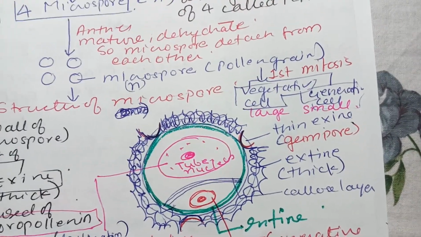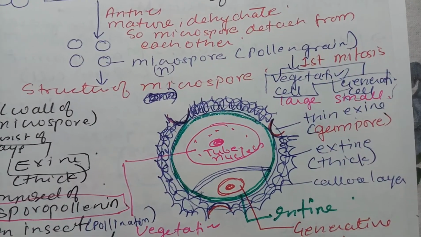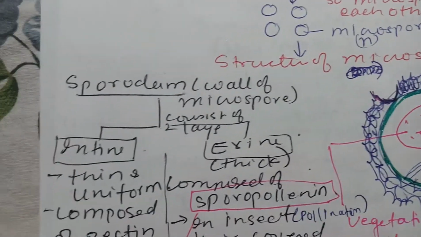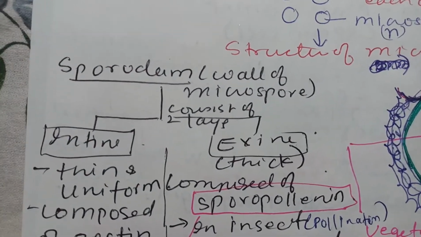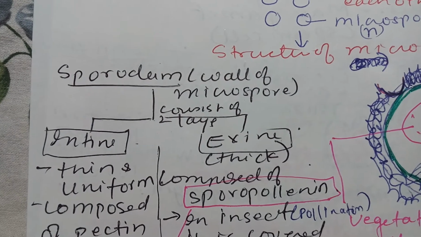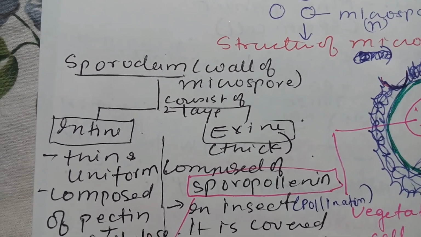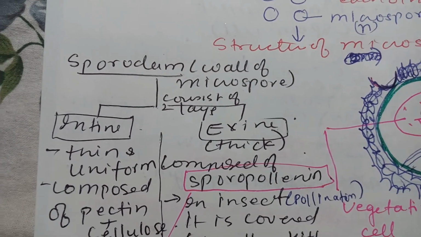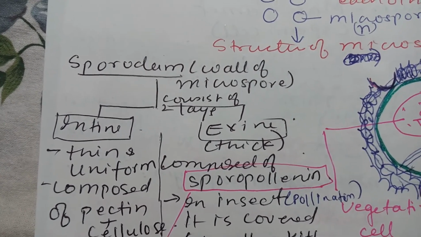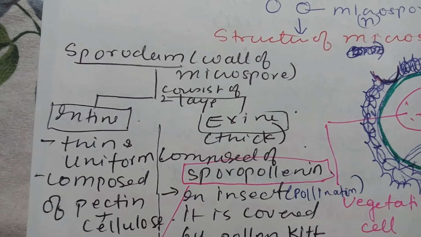Now this whole microspore is surrounded by a wall which is called sporoderm. If you look at the structure of the wall, it consists of two layers, one is intine and another is exine. The intine is the inner layer which is thin and uniform, the exine is the outer layer which is thick and non-uniform.